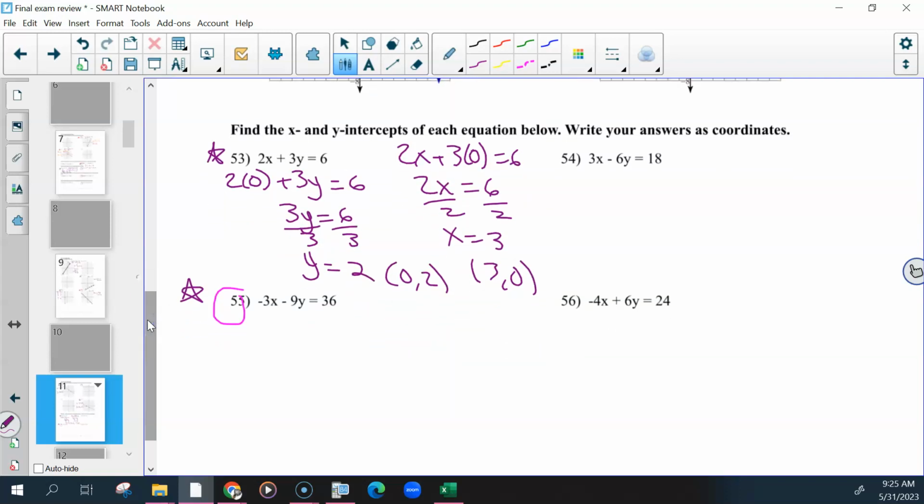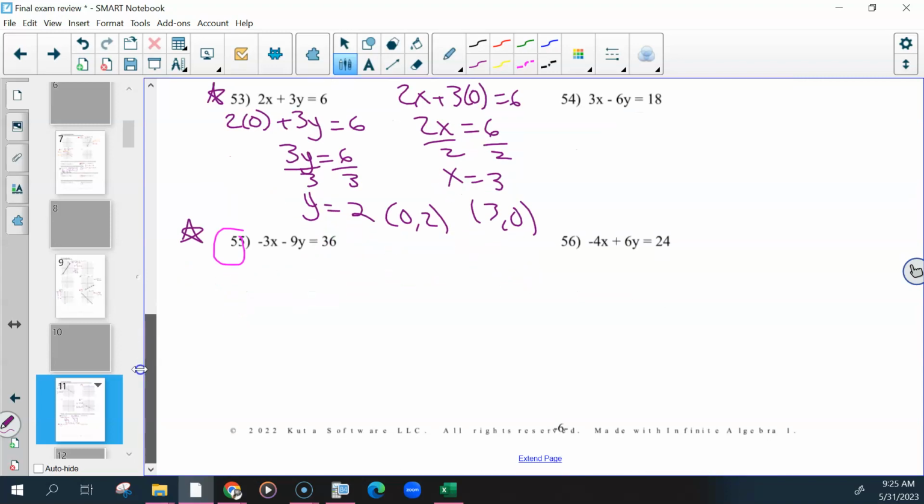Questions on that before we do 55? It is the same. It does not matter which one you do first. I'm just going to keep doing x first.